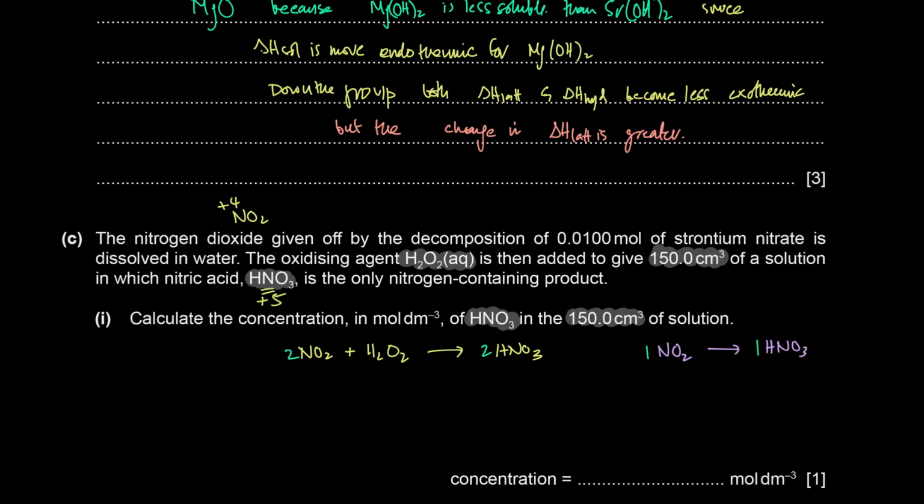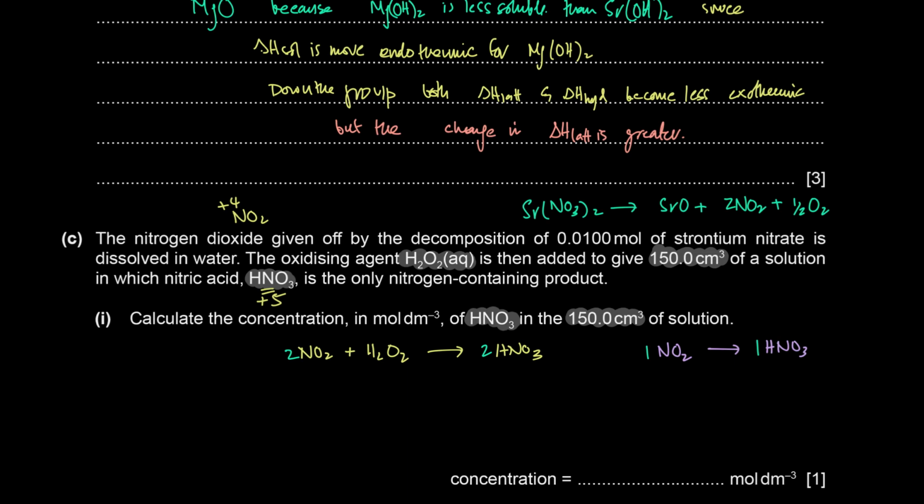So even if you're unable to construct this equation, you should know that if you have 0.01 moles of strontium nitrate, you have this as your equation. So if you have 0.01 moles of strontium nitrate, how many moles of nitrogen dioxide will be produced?